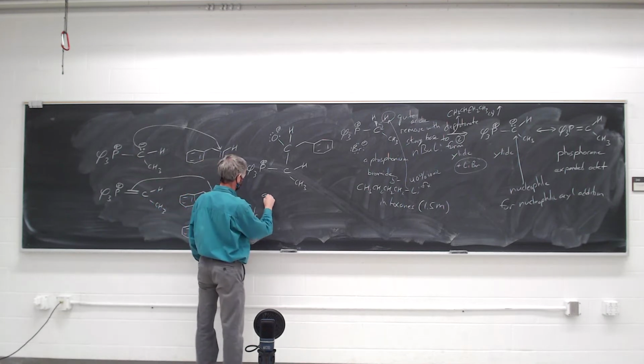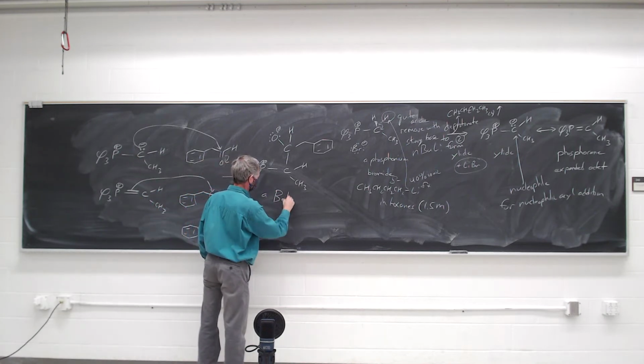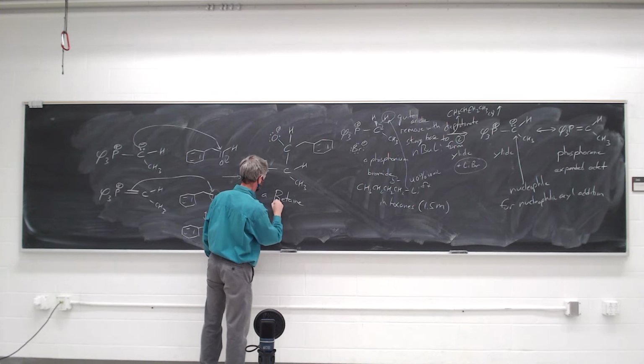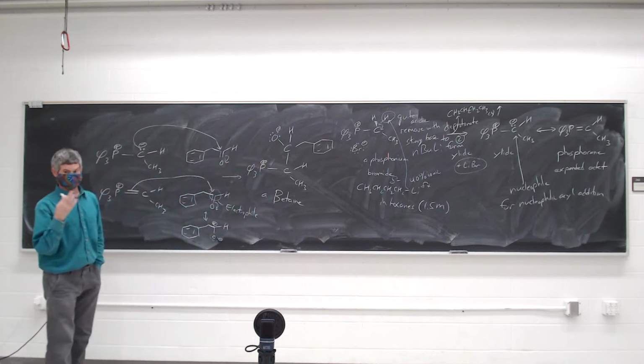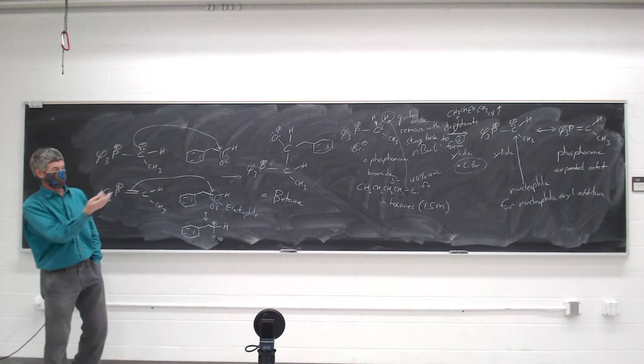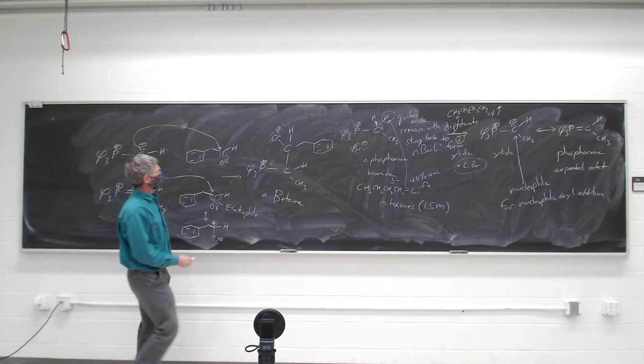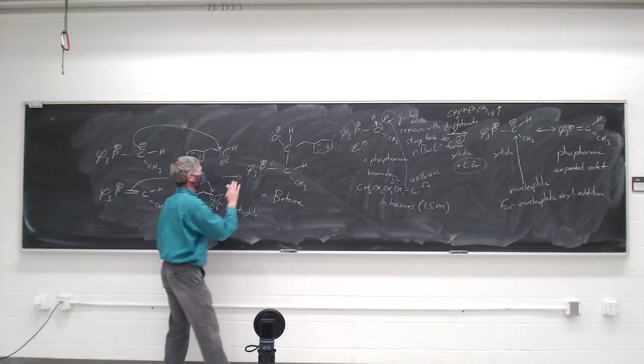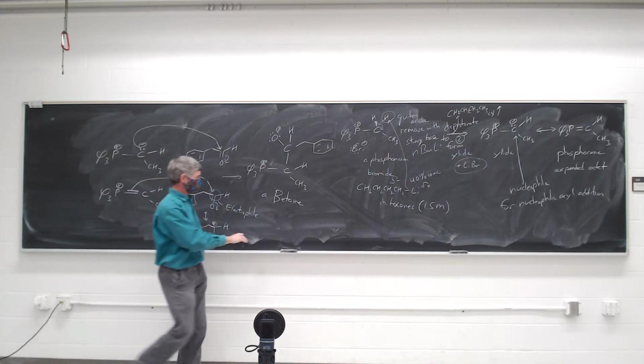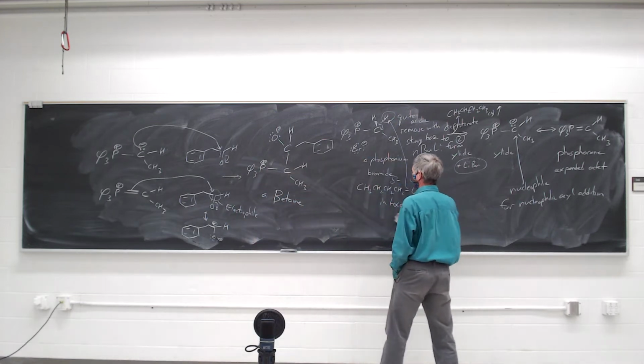This is called a betaine, because there's a compound called betaine that's analogous to this. So it's got an oxygen minus and a phosphorus positive. They're not adjacent, so it's not an ylide.